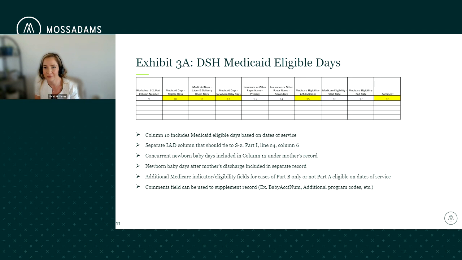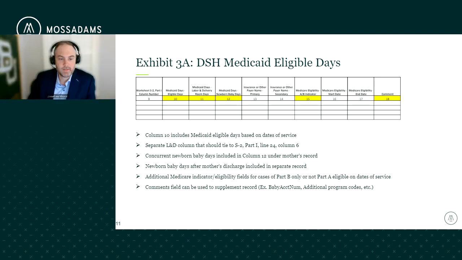Well, if the baby stays longer than the mom, column 12 is supposed to be the concurrent baby days, so the same days that the mother is in the hospital. So if it's 2 and 2, you'd put 2 days for the mom in column 10, and 2 for the baby in column 12.